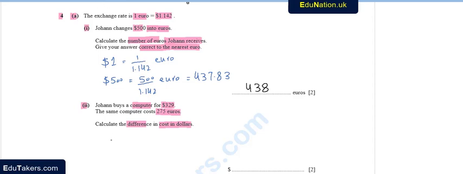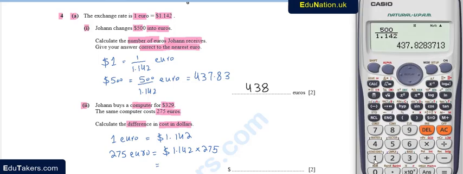When 1 euro is $1.142, then 275 euros equals $1.142 times 275, which is 314.05.